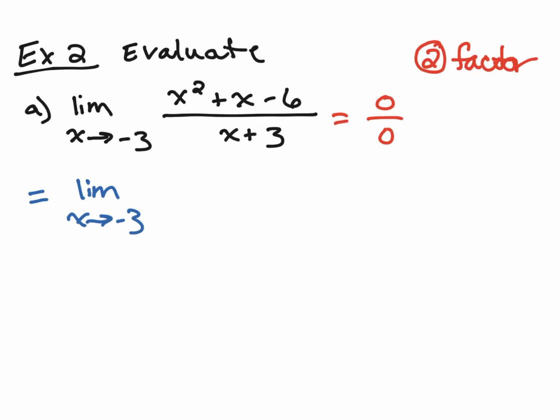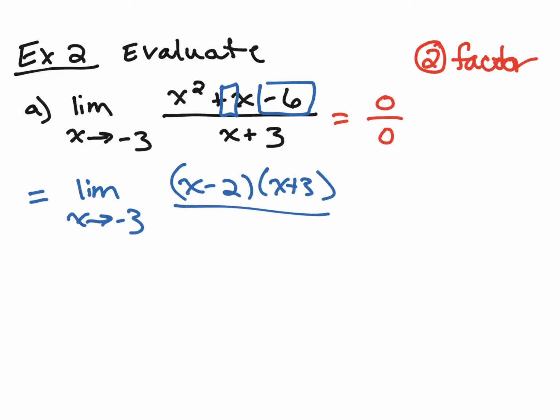Now, in the numerator, I can factor this. What multiplies to -6 and adds up to 1? -2 and 3. So this is x minus 2 times x plus 3 over x plus 3.